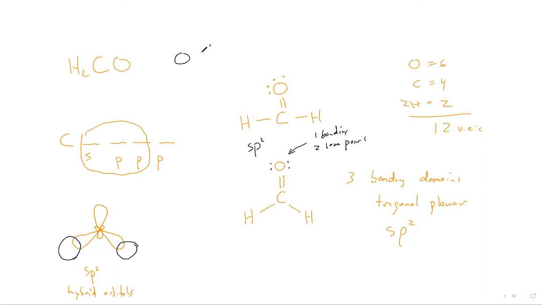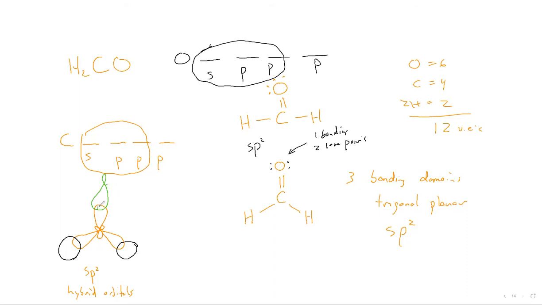It has an S and those 3 P's. So again, oxygen is sp2 hybridized. And so I'm going to show the overlap with the oxygen sp2 hybrid orbital, right? So there's that overlap.